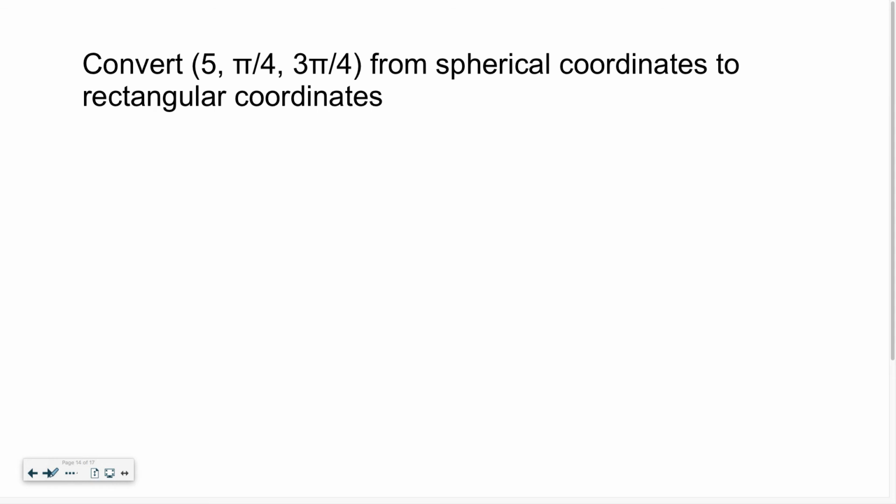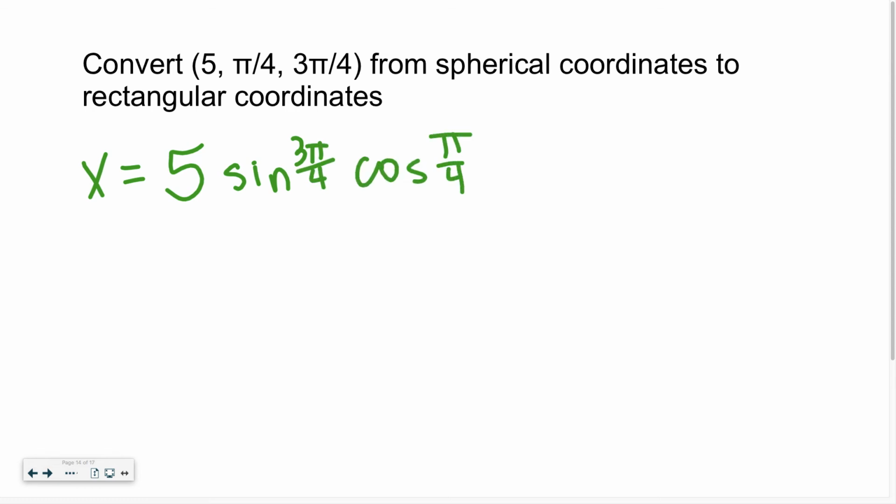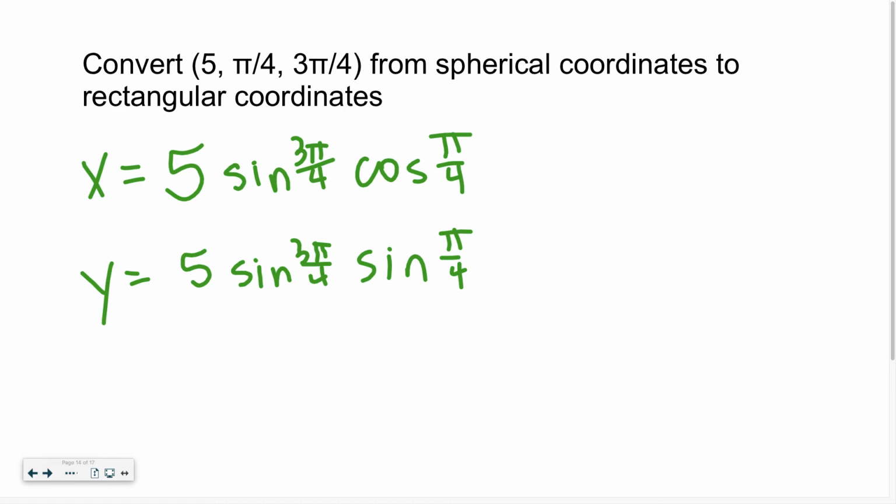So our x is rho sine phi cosine theta. And our y, I'm just going to write them together, is 5 sine phi sine theta. So remember we have the same like r cosine theta, r sine theta, but then we have to throw the sine of phi in there. Okay? So we have 5 radical 2 over 2, radical 2 over 2 to give us 5 halves.